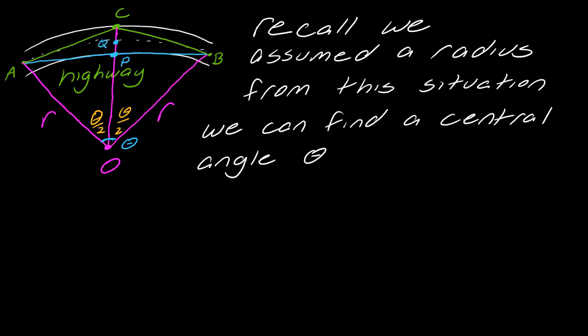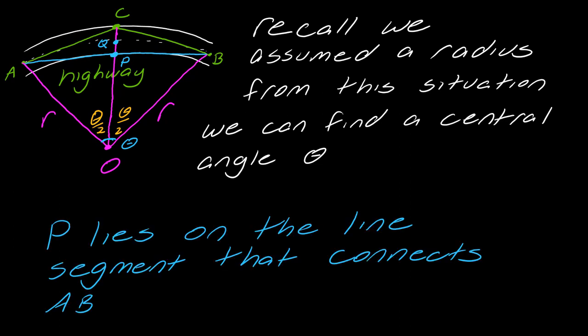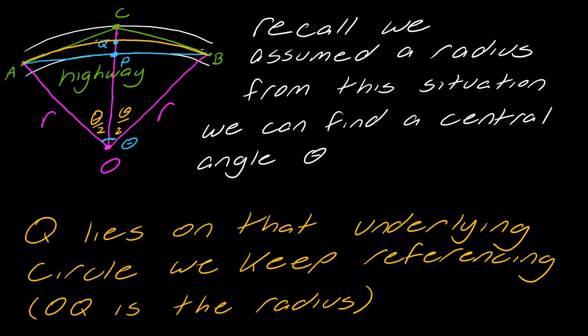Okay, the last piece of information that I want to include here is these points P and Q, and I just want to make sure you understand them before I go into using them. So P lies on the line segment that's going to connect A and B. It is not part of the radius, so from O to P is not the radius.